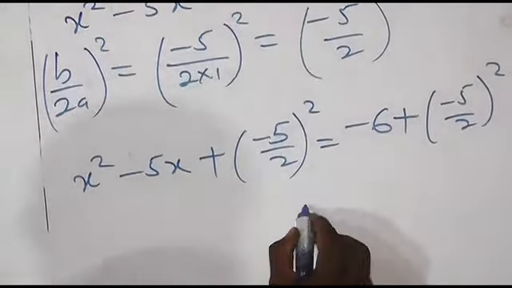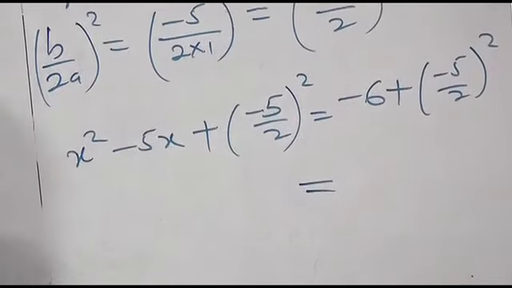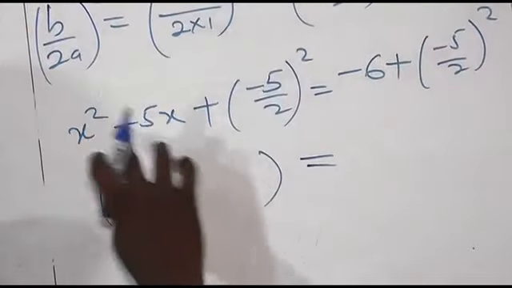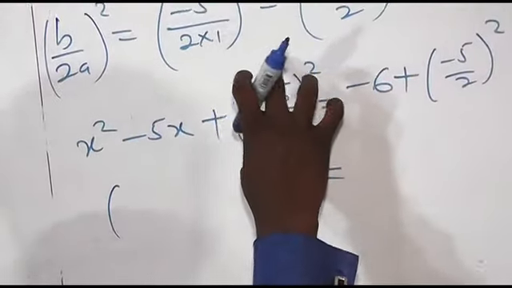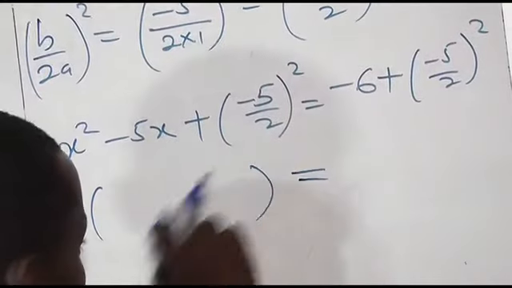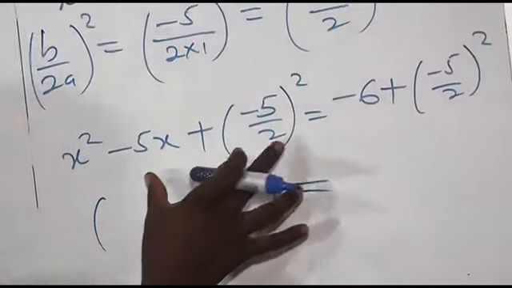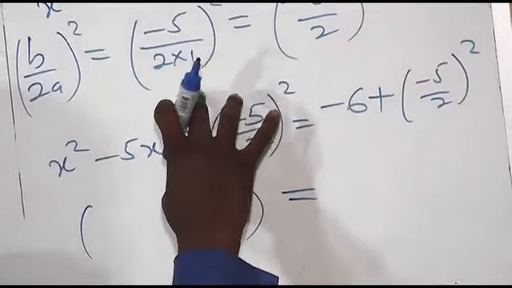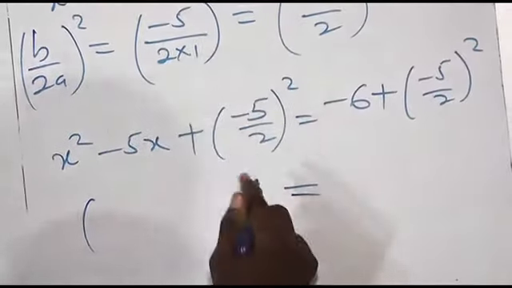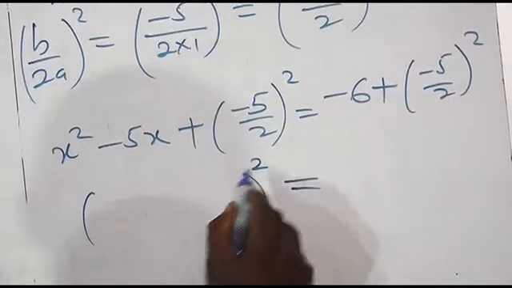Now, from our previous explanation, I said that after you've added the term, you make the expression on the left hand side a square. You rewrite the expression on your left hand side as a square, that is, it should be raised to power 2.